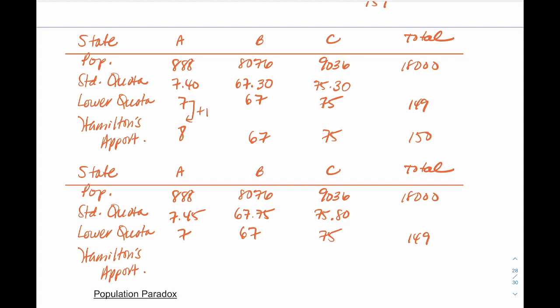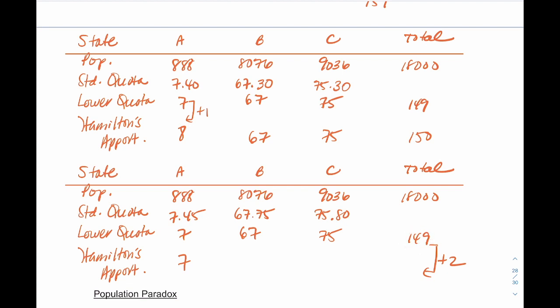Okay, so in Hamilton's apportionment, this is going to stay 7. And actually, when we add those, 67 and 7 is, yeah, so there's actually 2 that are empty, right? Because if you add 7, 67, and 75, you get 149.